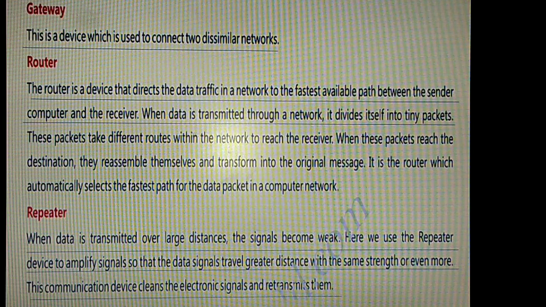So in a router, data comes as traffic and is divided into tiny parts, but in a repeater, data travels over large distances and the signals become very weak.